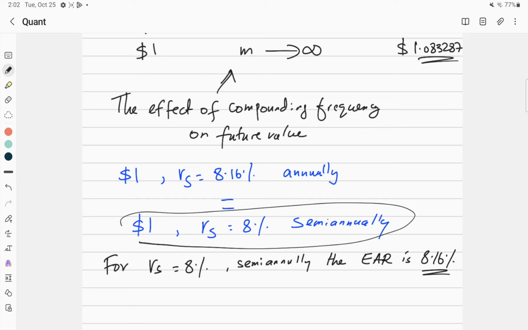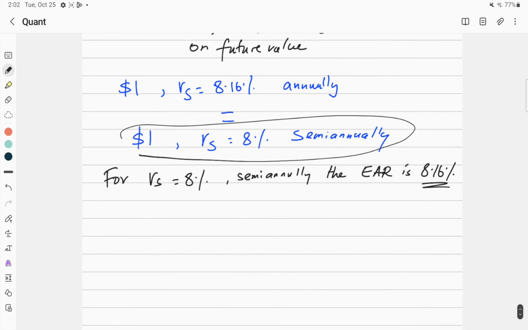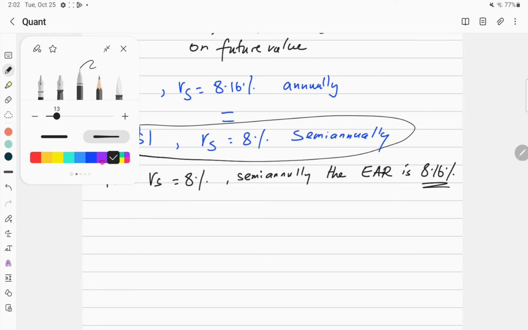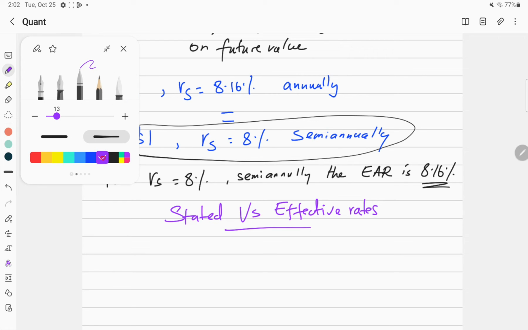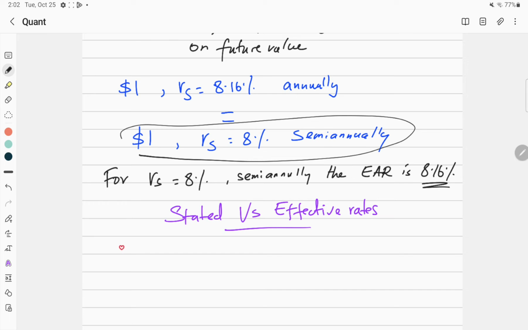So with this, we can go to the next topic, which is stated versus effective rates, right?